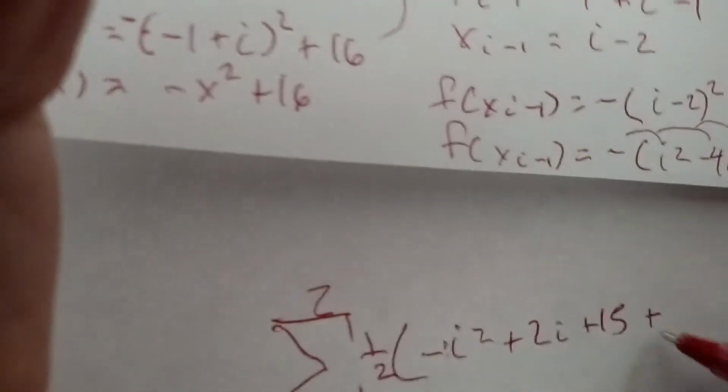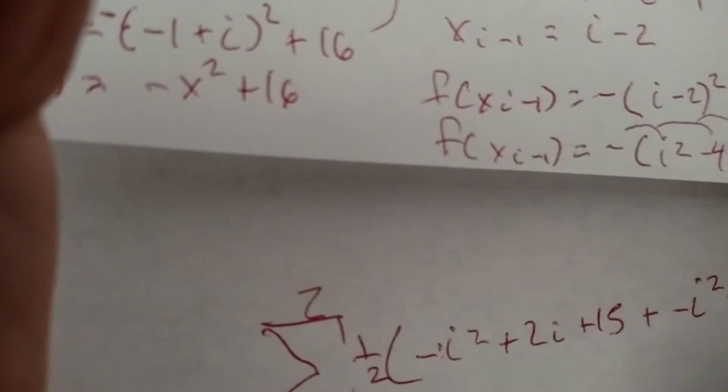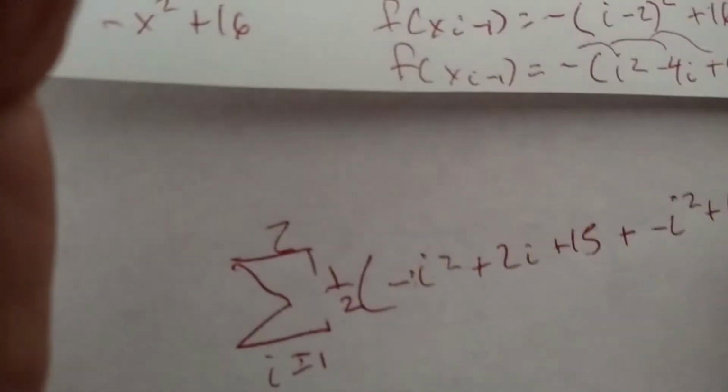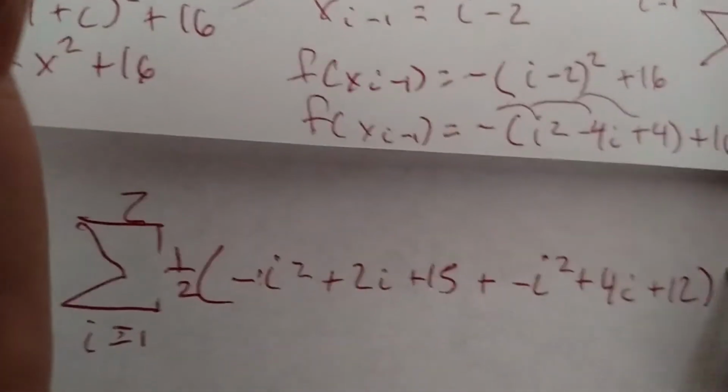Okay, so plus, I forgot my 1/2. Okay, sorry, I was crooked. Times delta x, and delta x was 1.